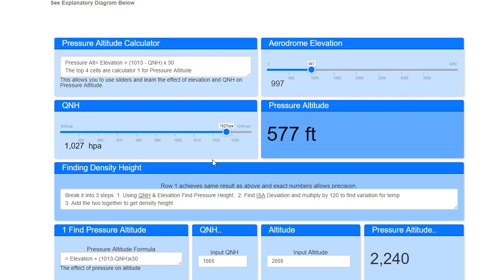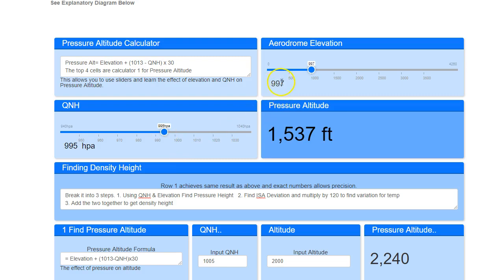Now, why? Because when there's higher pressure, it means that the air particles are closer together. It's more dense, and more dense air can produce more lift, okay? Because our lift is dependent on the density of the air. Now, if there's less air density, it's like having less lift.